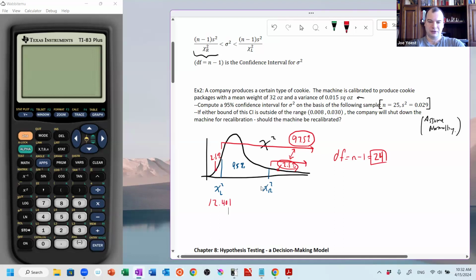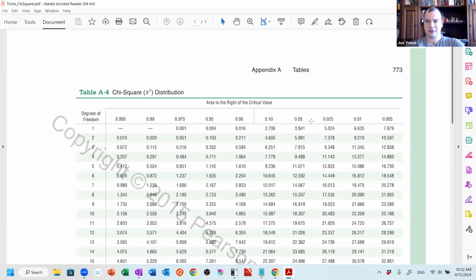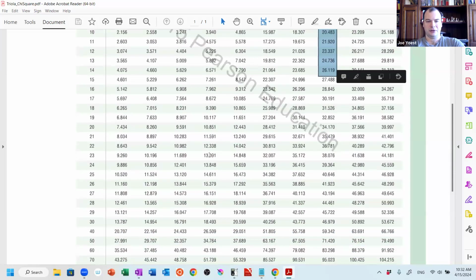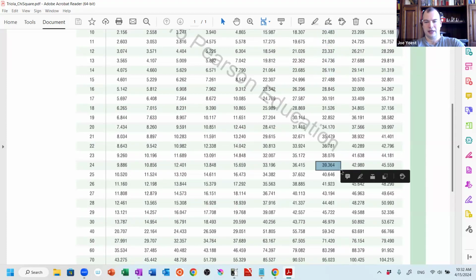And then I want to do the same thing for chi-squared right. 2.5% area to the right, 24 degrees of freedom. 2.5% area to the right means we're in this column. And then we're looking for 24 degrees of freedom going across. And that looks like the correct line.